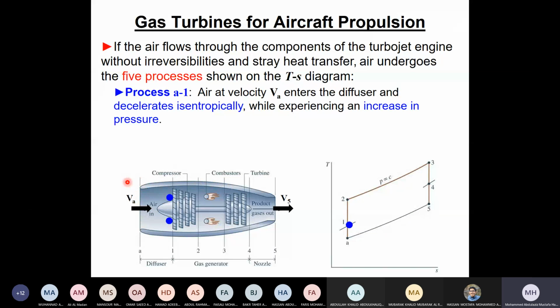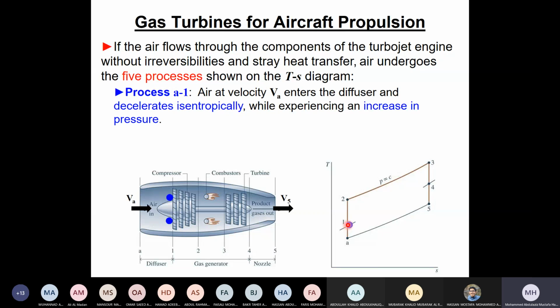While the aircraft is going this way, it looks as if, inside the compressor, air is coming in with this velocity. Therefore, we change this velocity in the diffuser to pressure. At the inlet to the diffuser, state A, we change the kinetic energy to pressure, and therefore the pressure increases to state 1.